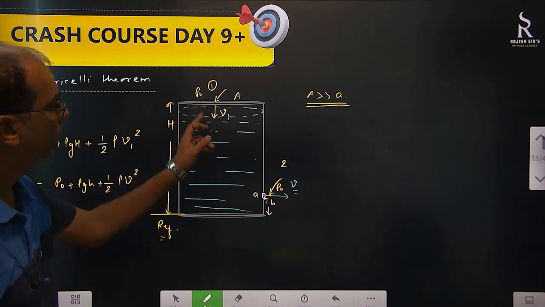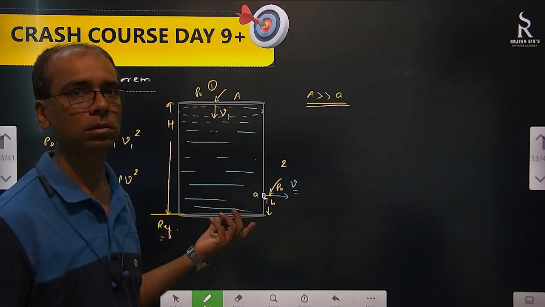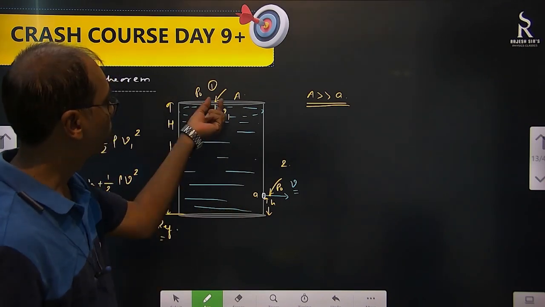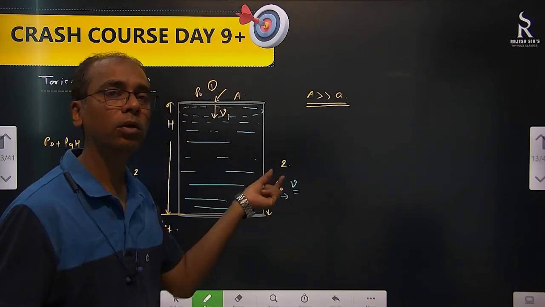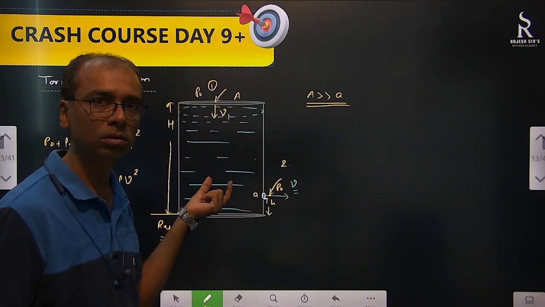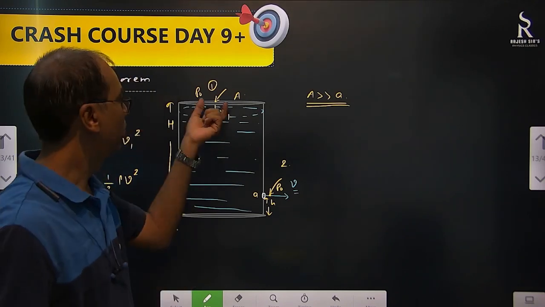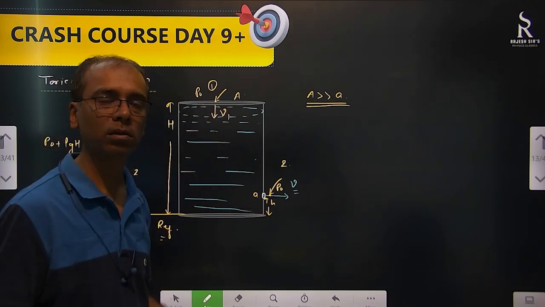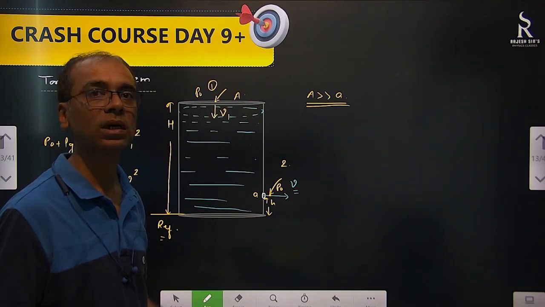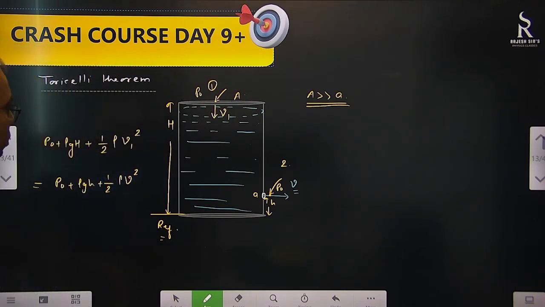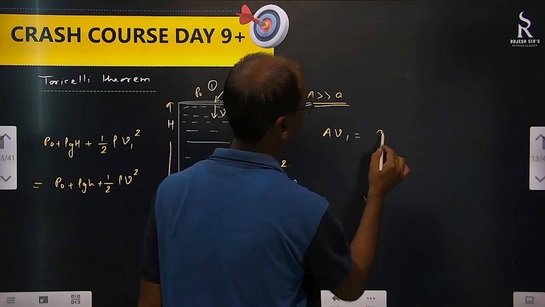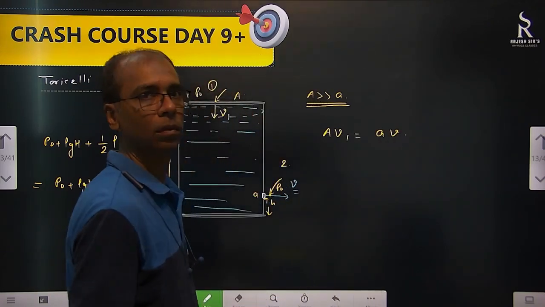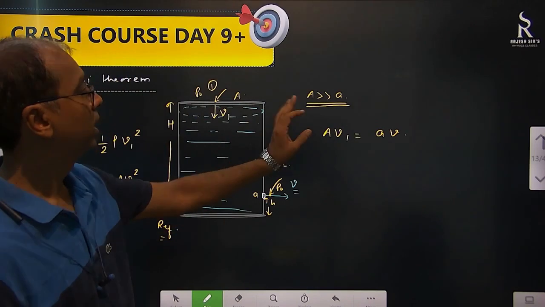Okay, now I applied equation of continuity. Whatever volume goes out, that volume only will come down. No? So volume flow rate is constant only, right? Whatever is volume flow rate here, same is volume flow rate here. Correct or not? Correct. So if equation of continuity I apply, say A v1 equal to a v. Now I already said that A is very large as compared to a.